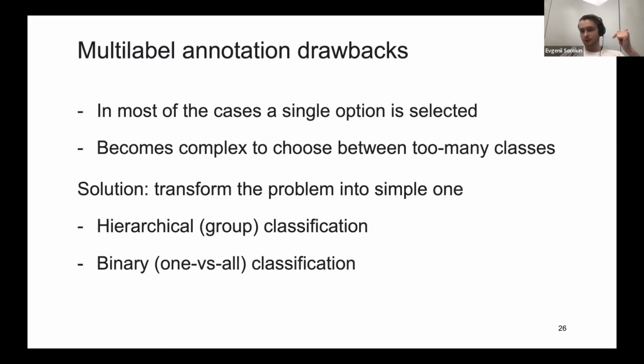Here I just summarize my previous thoughts. In most cases, only a single option is selected. If you want to make it simpler, you can go with the divide and conquer approach, via hierarchical classification or binary classification, or utilize both of them, a hybrid approach of some kind.